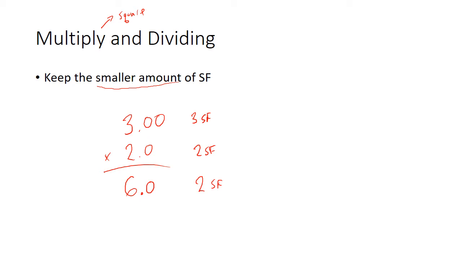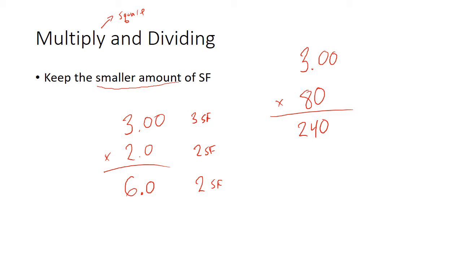So let's say we do another one. Let's say we've got 3.00 times 80. Okay, can you multiply these ones together? Let's see if you did it right. All right, 3 times 8 is 24, so 3 times 80 is going to be 240, right?